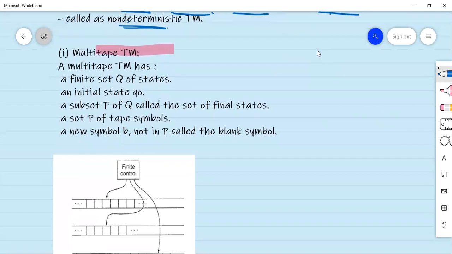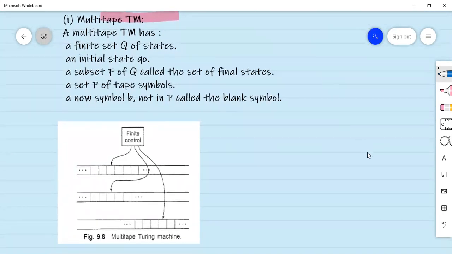So let us first take a multi-tape Turing machine. You can see an example here. You have multiple read and write heads here, and you have more than one tape over here. Obviously, a multi-tape Turing machine will have some states. So, a finite set of states, and it will have an initial state like Q naught, and a subset F as final states, right?